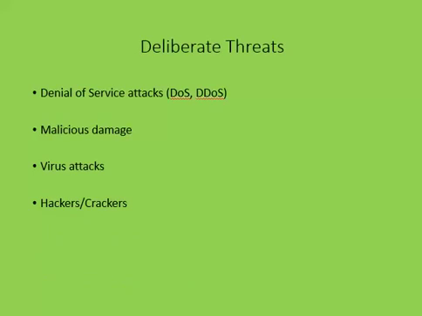On the other hand, deliberate threats would include denial of service attacks, malicious damage, which is often caused by internal staff rather than coming from an external source, virus attacks, and hackers or crackers attempting to gain access to your systems and data.